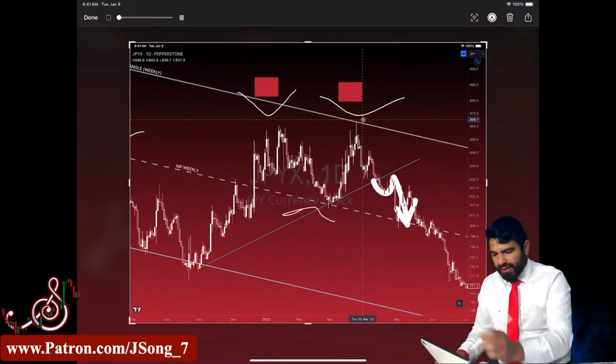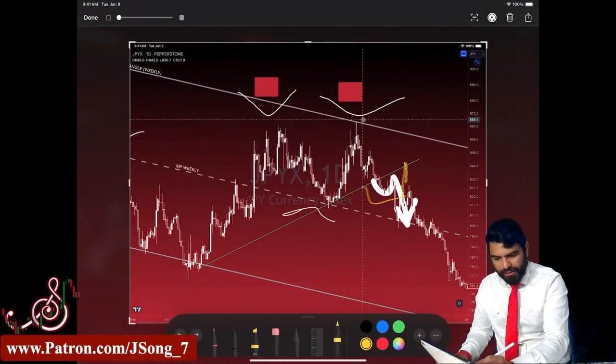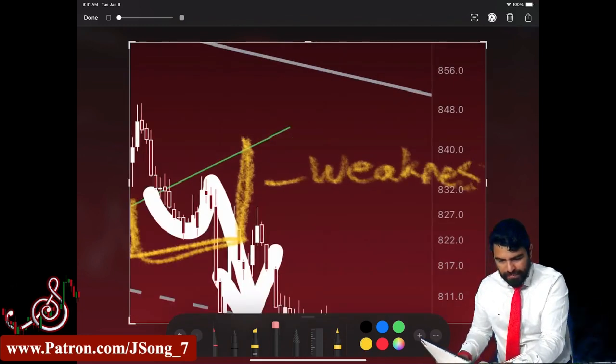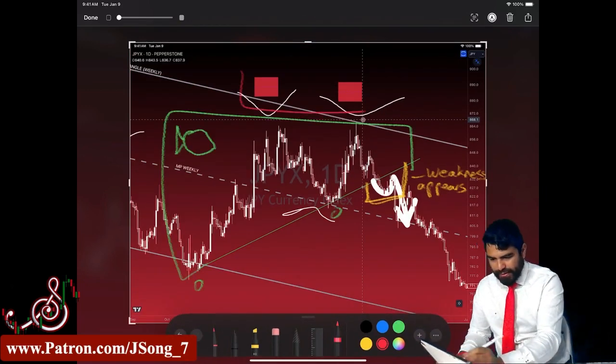Okay, one more time, wrong way fish. Weakness appears here. Weak. I have another room for another S. Wrong way fish. RSI signals.